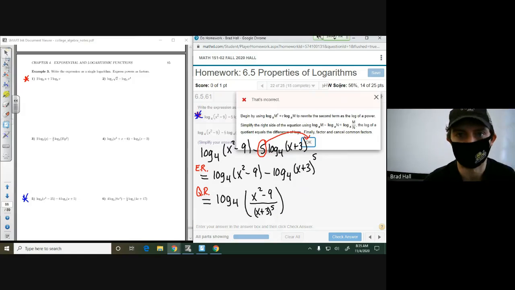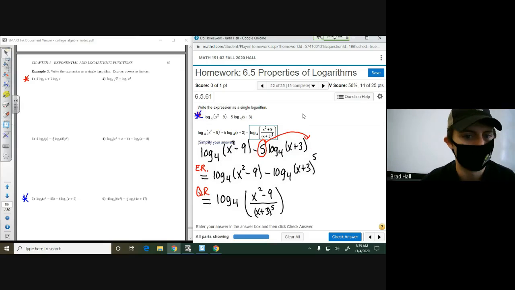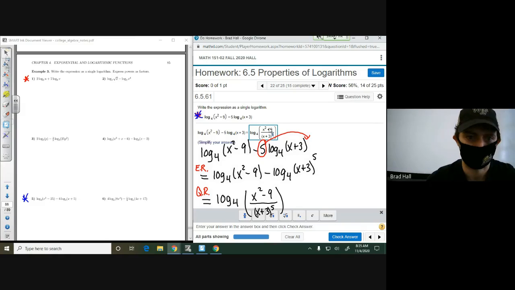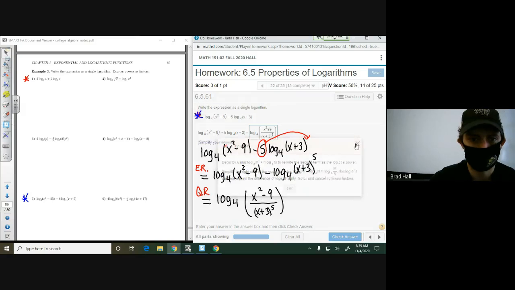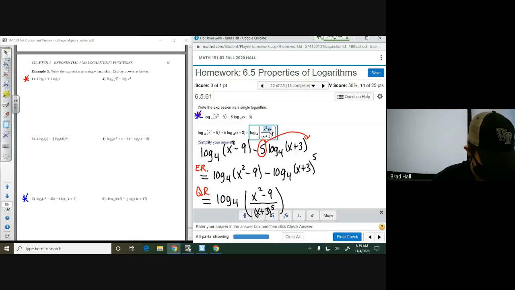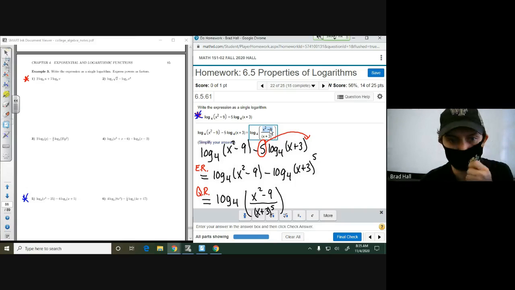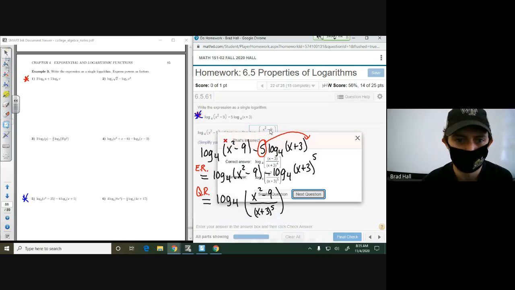I was hoping it would say your answer is correct, but not simplified, but it doesn't give any sort of indication here. It's definitely going to complain about this, and it's going to say that the answer is x minus 3 over x plus 3 to the fourth power.